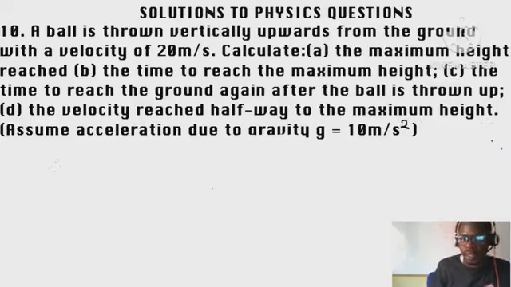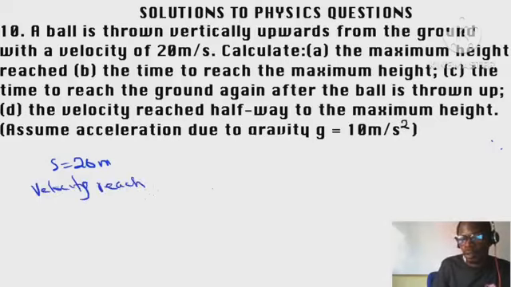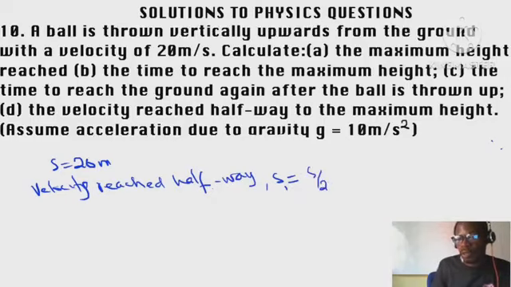The maximum height, s, is 20 meters. So velocity reached halfway means that our x in that case, let's say x1, is going to be x over 2. That's 20 over 2, and that is 10 meters.